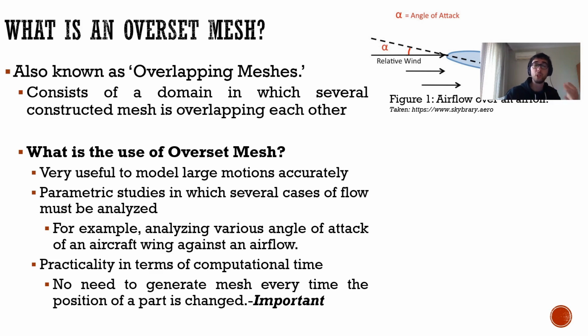And also in terms of practicality, it saves a lot of computational time, meaning that you don't have to generate the same mesh over and over again every time there's a change of the position of the parts in the domain, which is the airfoil in our case. So this saves us a lot of time.